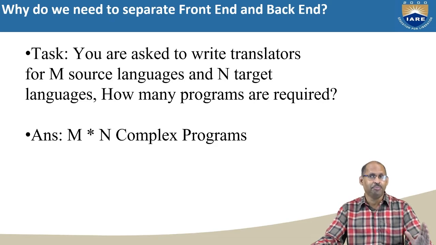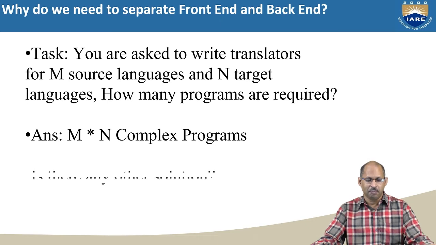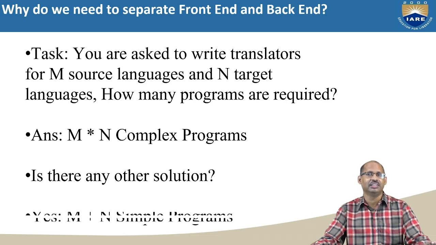So when do we need a separate front end and back end? Suppose you are asked to write translators for M source languages and N target languages. How many programs are required? Usually we say M into N complex programs. But is there any other solution? Simply we say M plus N simple programs.